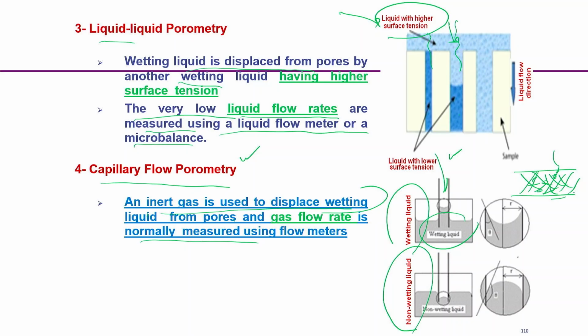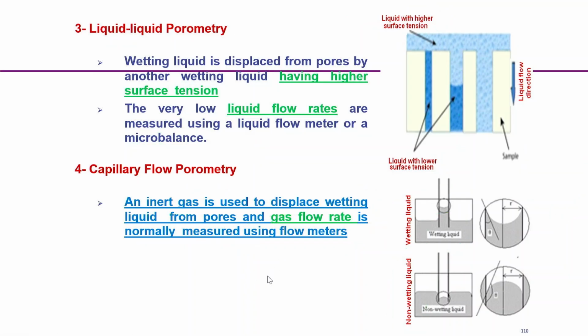The pores will be occupied by this wetting liquid, and then we will flow one inert gas, which will drive out this liquid from the pores. That flow rate we can measure using the flow meter.